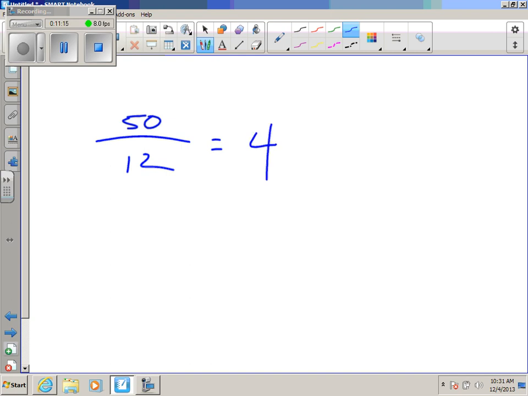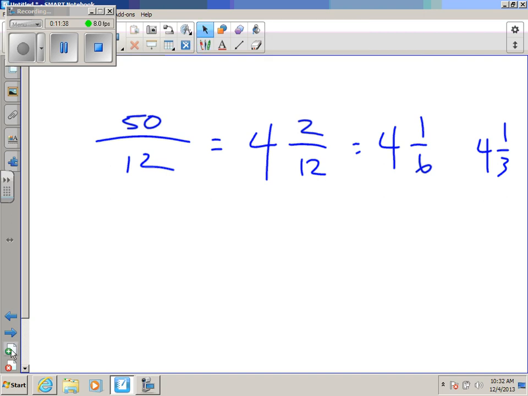Not yet. So that's 2 over 12, right? 4 1/6. How does 4 1/6 compare to 4 1/3? It's less than. So 50 inches is actually less than 4 1/3. How did you know it was less than, Keith? Convert them both to the common denominator. That would be 2.